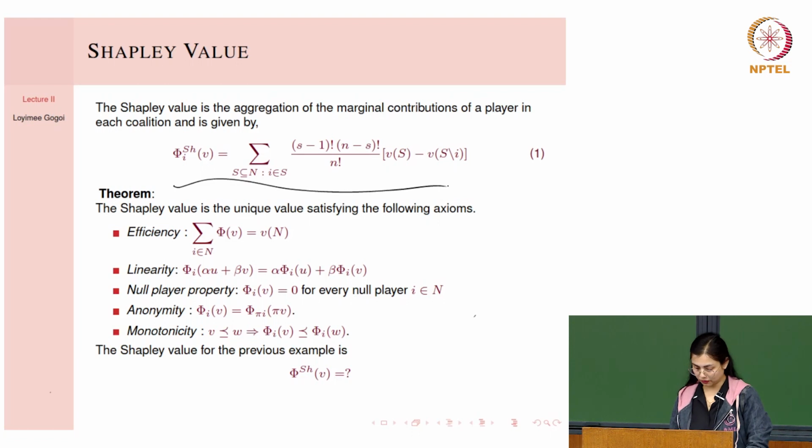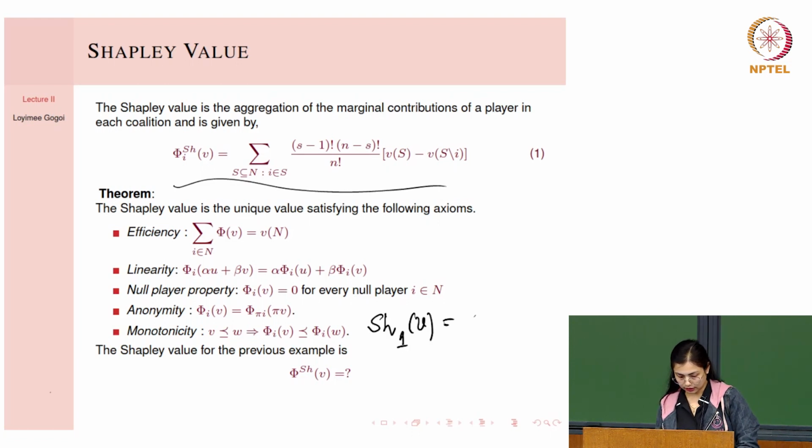When you find the Shapley value for the particular player 1, it would be a summation over S subset of N. N could be everything, right?